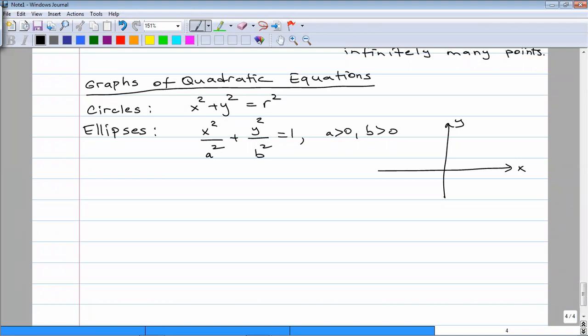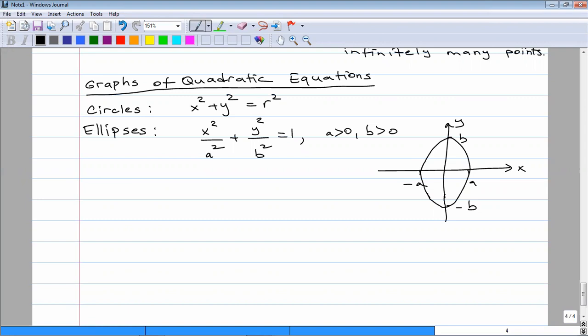So if x is 0, y is b or minus b. And if y is 0, then x is minus a or a. So you have, again, my superior drawing skills, you get an ellipse.